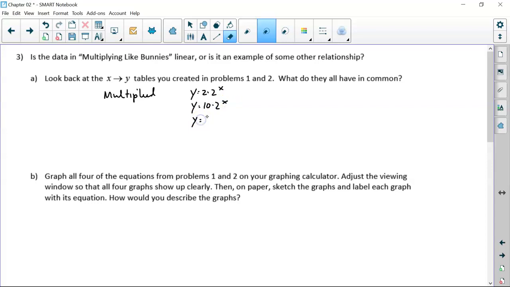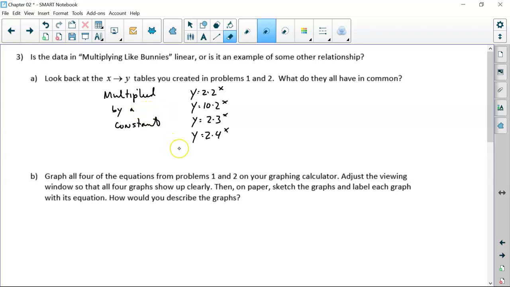Y equals 2 times 3 to the x. And y equals 2 times 4 to the x. They're all being multiplied by a constant. And that constant is our initial number of, in this case, rabbits. It's our starting point. It's our y-intercept.